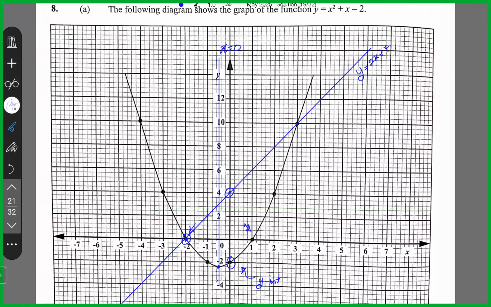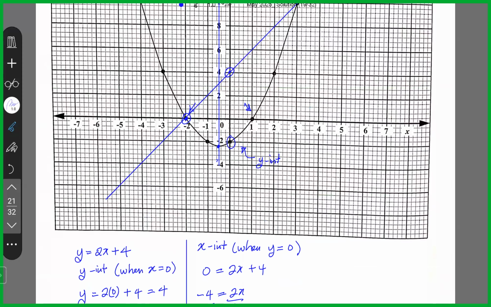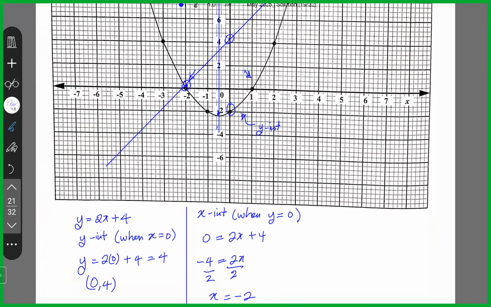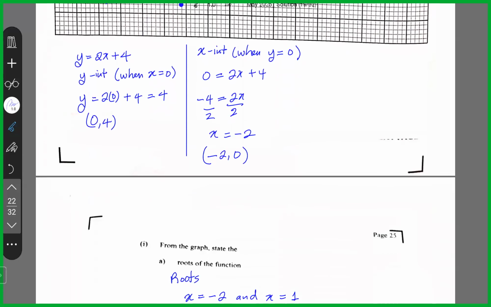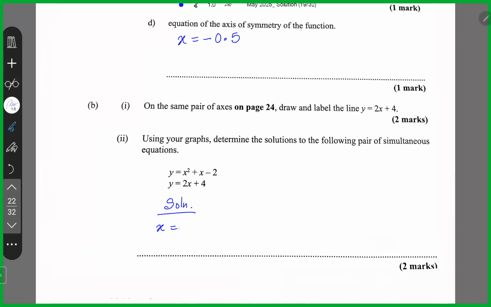So the solutions are the values of x and y where the two graphs intersect. They intersect at minus 2, 0 and at 3, 10. So my solutions are x is equal to minus 2, y is equal to 0.